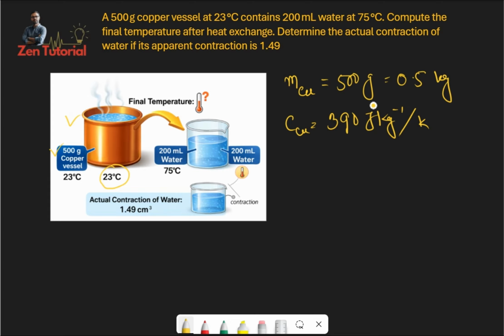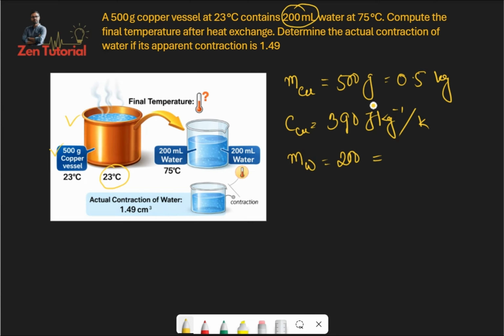And in this copper vessel, we mix some water. So the amount of water is 200 milliliter. It means the mass of water is 200 gram, same as the milliliter.